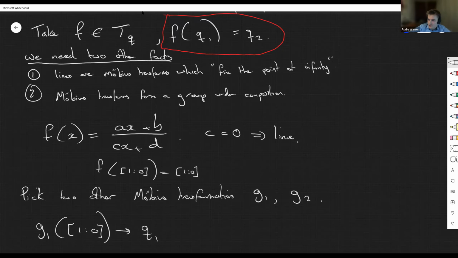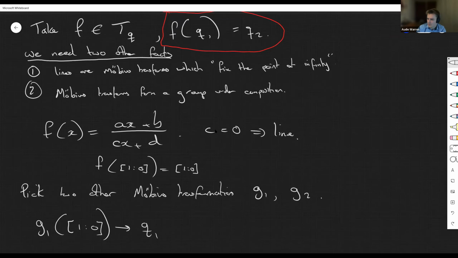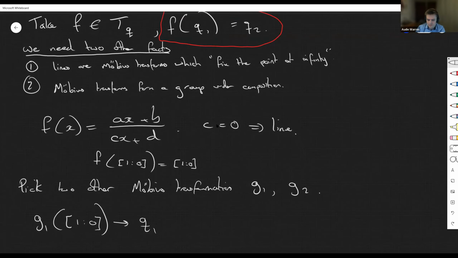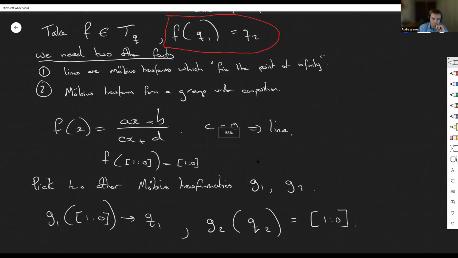This is only one restriction, so we have a whole load of different choices for G1. G2 is going to take the point Q2. Sorry, I shouldn't really say point here because now we're really talking about an element of F_p. It's going to take this element Q2 and send it to the point at infinity. Just a single restriction for each of these transforms.